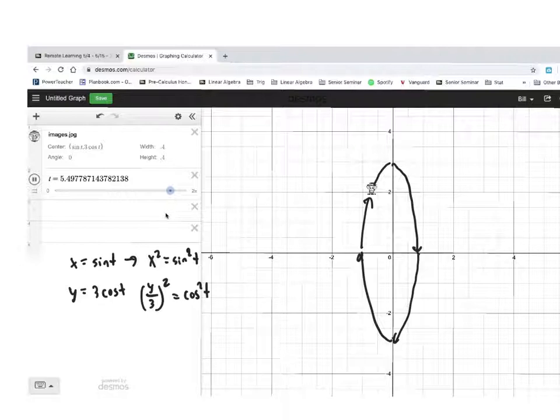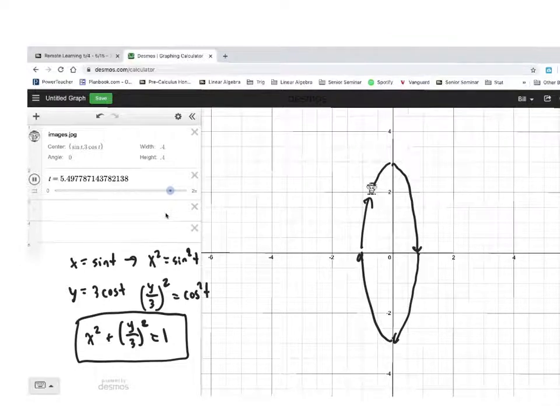So now I end up with the equation x squared plus (y divided by 3) squared is equal to sine squared plus cosine squared, which is equal to 1. And this is the equation of an ellipse rather than a circle, because the coefficients on the x squared and the y squared terms are different. So you could continue in that manner to make Yoda trace out all sorts of different kinds of paths.